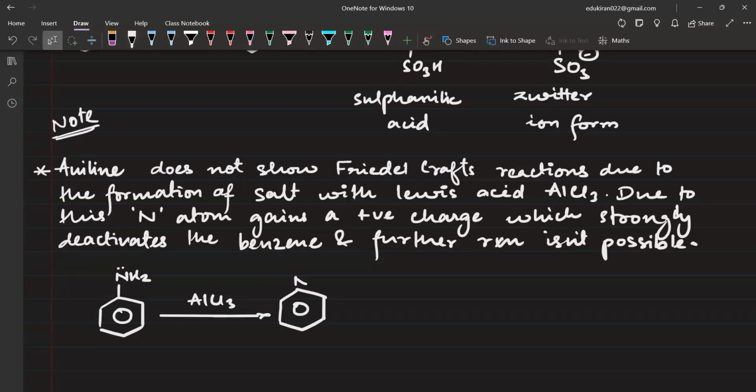That is why, ऐसे शो कर देते हैं यहाँ पे नाइट्रोजन, and it is having 2 hydrogens, H2. इसके लोन पेयर से it is going to form a bond with AlCl3. So it is forming a bond with aluminium chloride, AlCl3 like this. A dative bond, a coordinate bond.